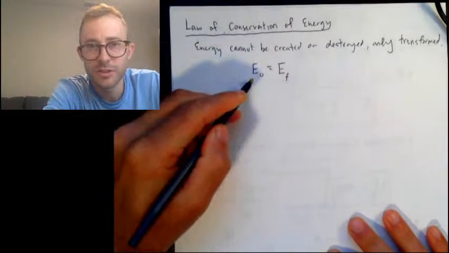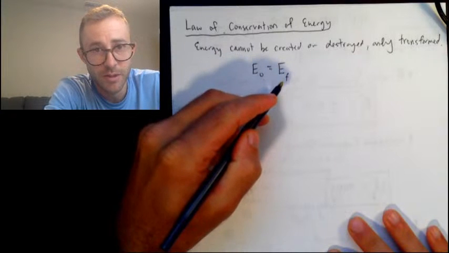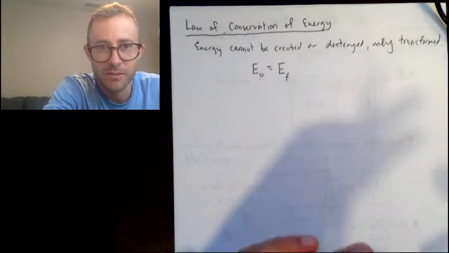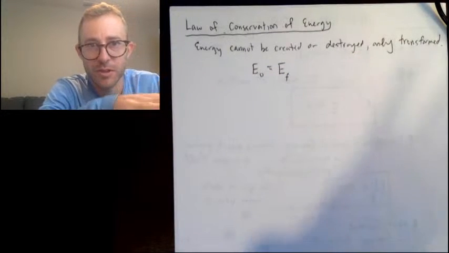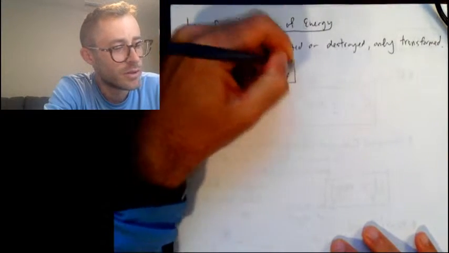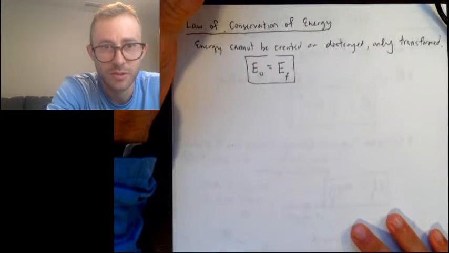The amount of energy that you start with is going to be equal to the amount of energy that you end up with, but the balance of different types of energies is going to be different. A great example for energy problems is a roller coaster.